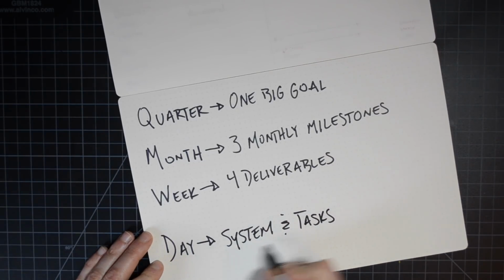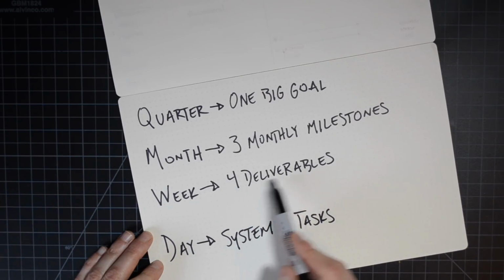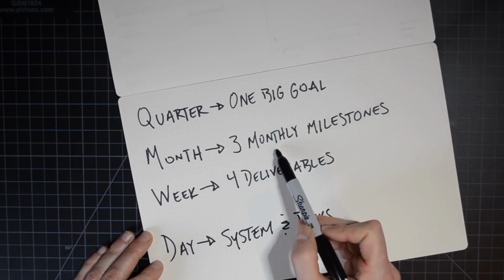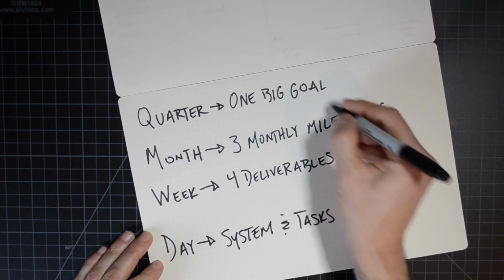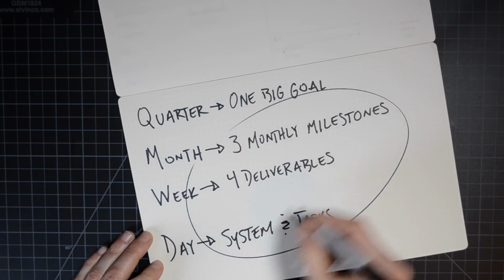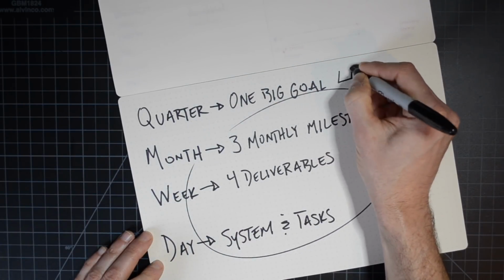And then what are the system and tasks that you can accomplish either every day or multiple days of the week that help you achieve that weekly deliverable, then meet the monthly milestone for those 3 months, and then at the end, if you do all of these other things, will help you achieve the one big goal that you have for the quarter.